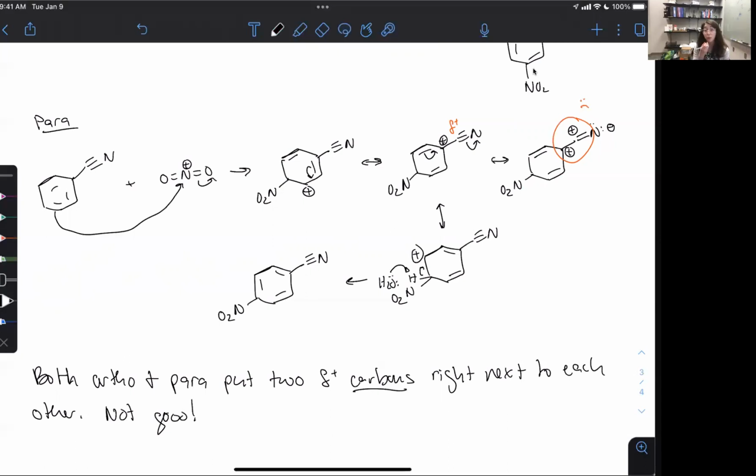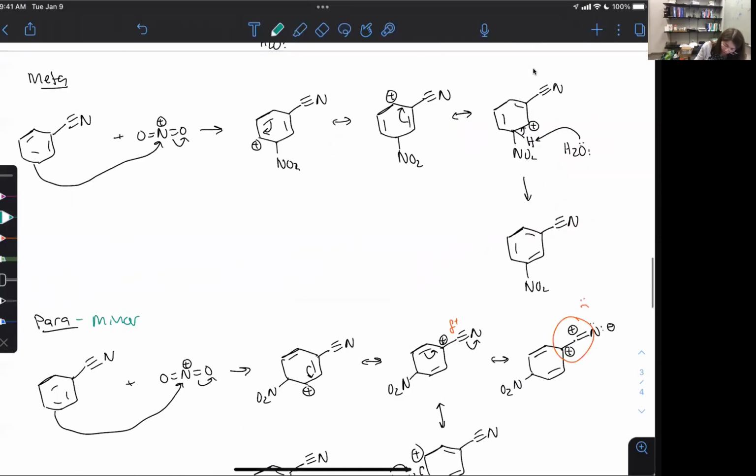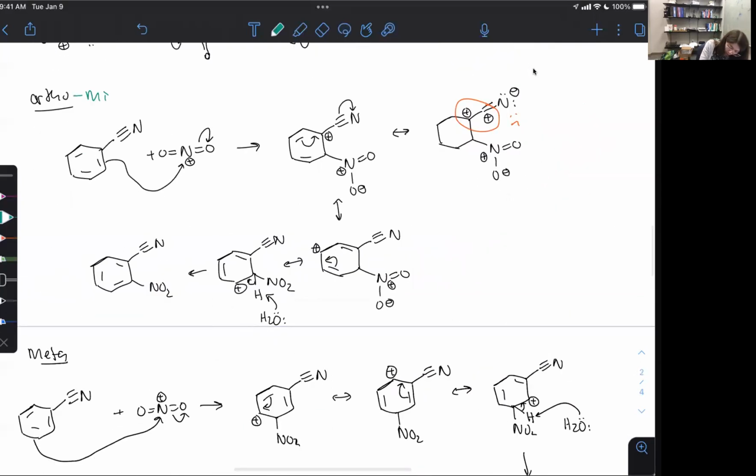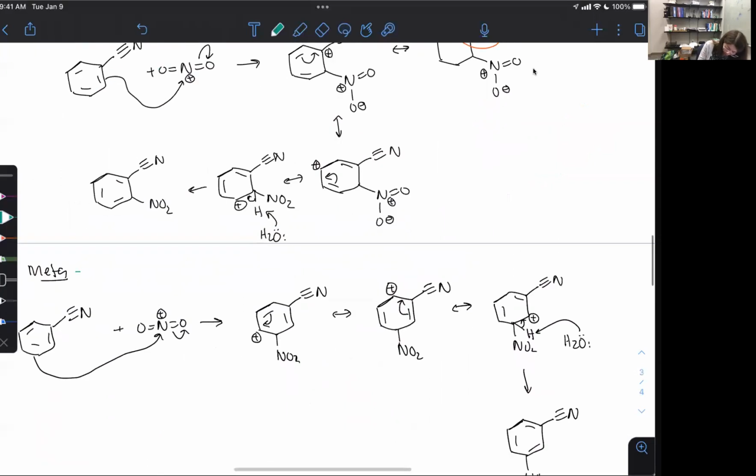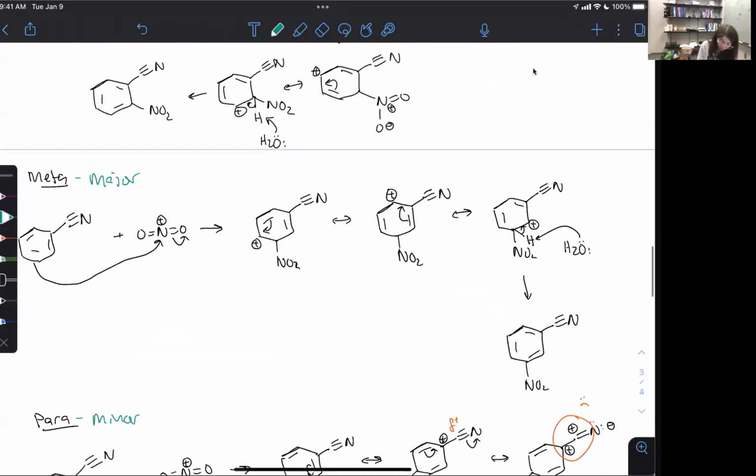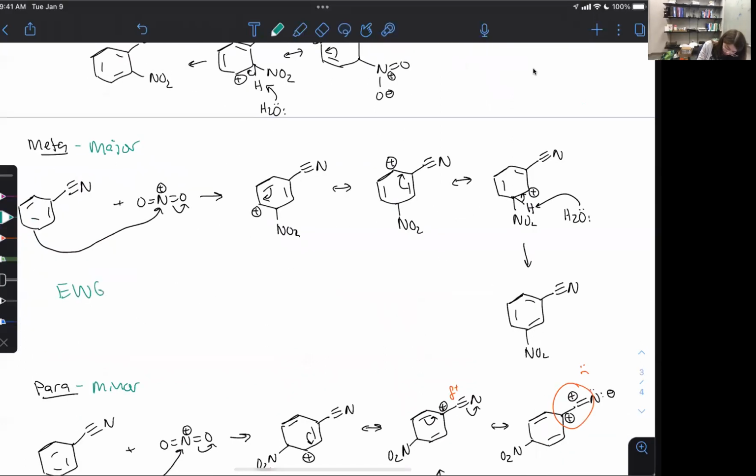Okay, the meta avoids that problem. So we've got minor for the para, minor for the ortho, major for the meta. Okay, so electron withdrawing groups, meta, just to avoid having that delta plus right next to the delta plus for the carbons.